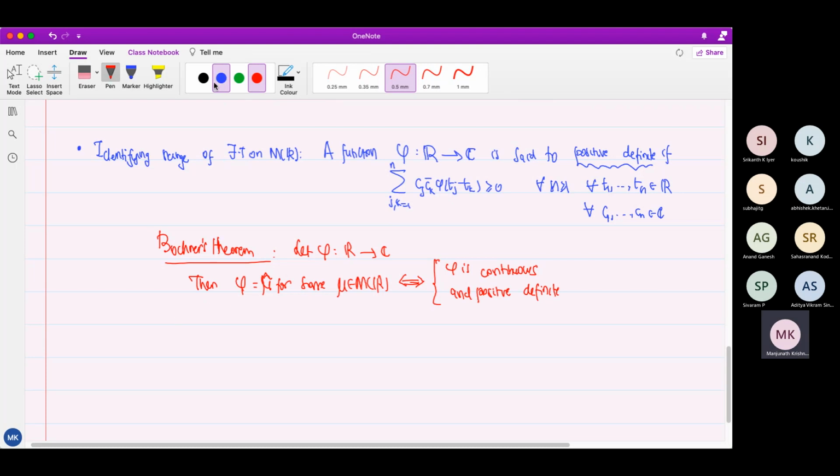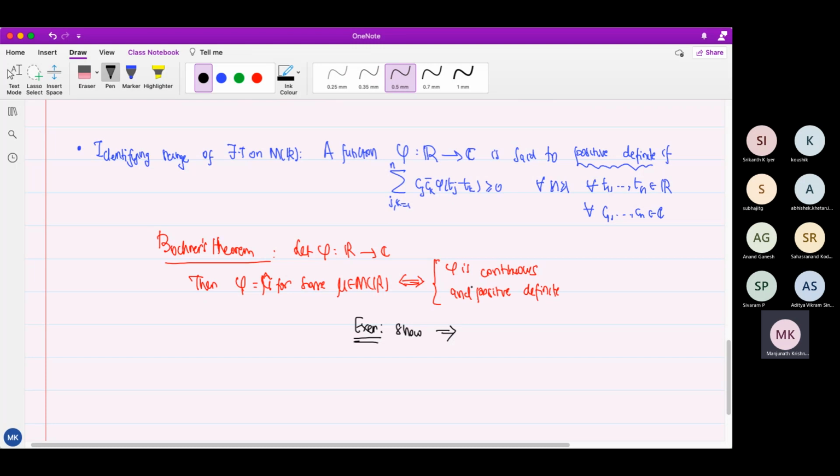So one way is an exercise. Show that if phi is mu hat, you already know it's continuous, show that it is positive definite. If you go back to the proof in the case of the circle, you will get the same proof. I will not prove it the other way, which is a little involved.